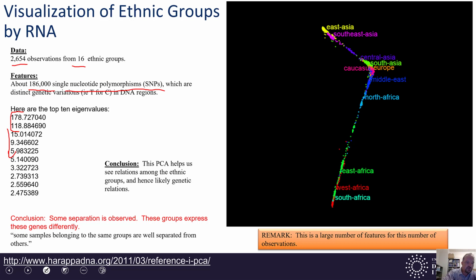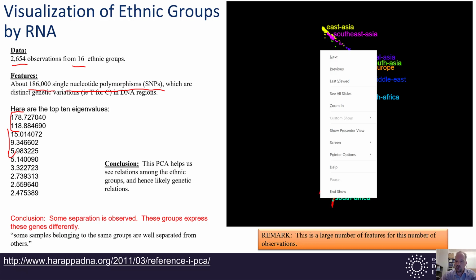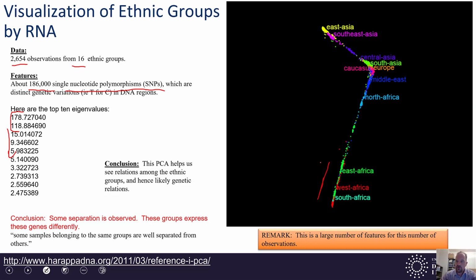You can see the geographical connection: South Africa, West Africa, through East Africa, through North Africa, and things close to North Africa, and then East Asia going in the Central Europe and Middle Eastern direction. So there's variation in these SNPs that seems to correspond to the distribution of humans across these continents.